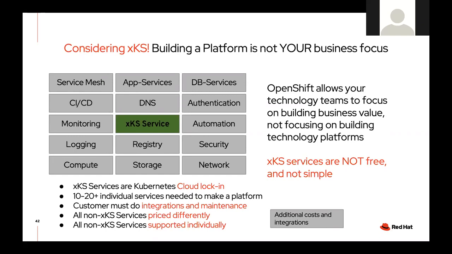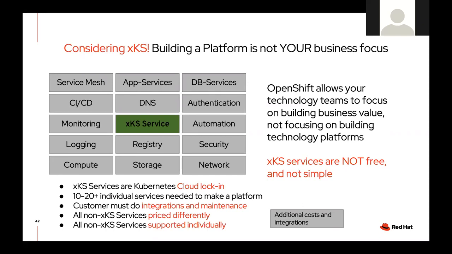And each of these services might be priced differently also and supported individually as well. So always take these into consideration when you are comparing OpenShift to other Kubernetes platforms from public cloud providers, and also take into consideration the lock-in that it can give you.